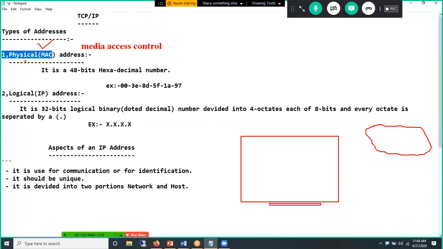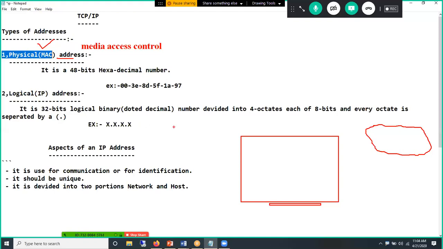And one of the addresses you compulsorily have to assign. The MAC address is an inbuilt address. This address is given by the manufacturer of the company. And where is this address available?